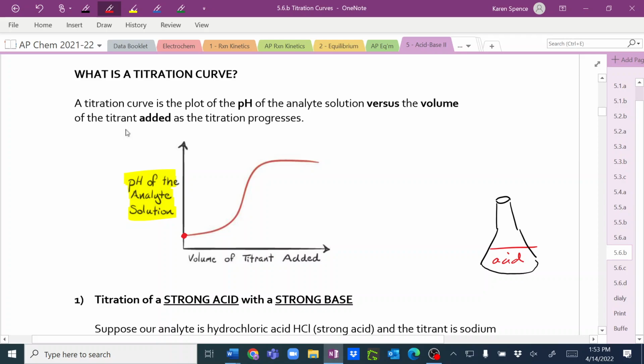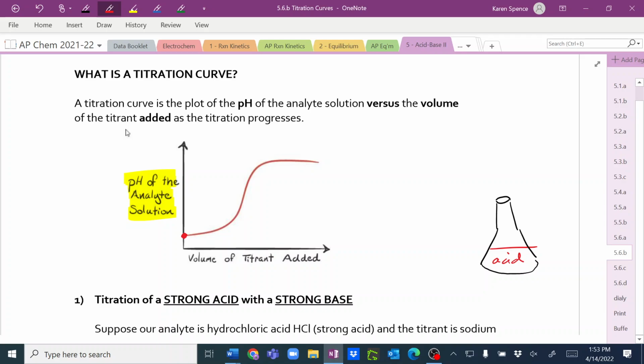And you'll notice as time goes on, what is happening to the pH? It is increasing. It increases slowly, yes. And then we have an inflection point, where it changes very, very quickly, and then it starts to go up slowly again, yes?